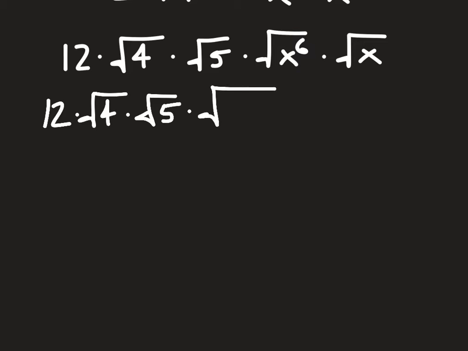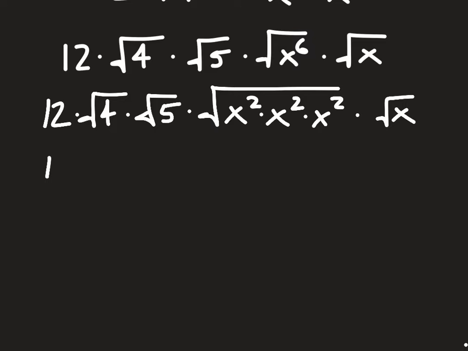Even though I'm at this step, I'm going to go through and rewrite the square root of x to the sixth. I'm going to do all this at the same time. So square root of 12 times the square root of 4 times the square root of 5 times the square root. Now I'm going to rewrite this as x squared times x squared times x squared, and then times the square root of x.